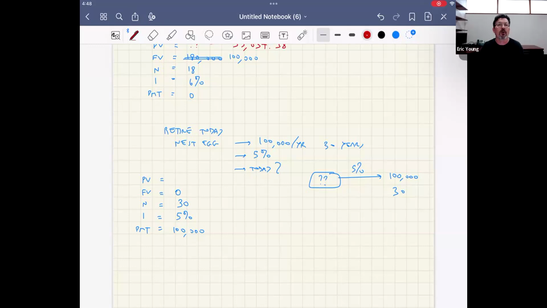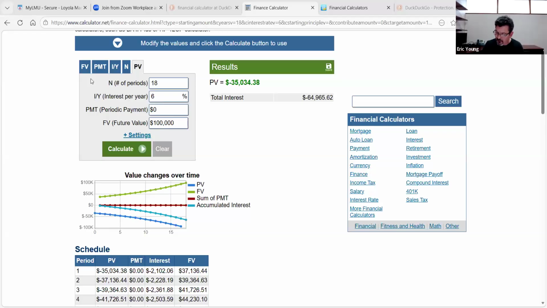So we've got our four variables, and now it's scavenger hunt time. You know what to do next. Let's go to our calculator. Let's plug in some numbers, and let's make it work. Here, we're going to be solving for present value. So we click present value. We're going to clear this.